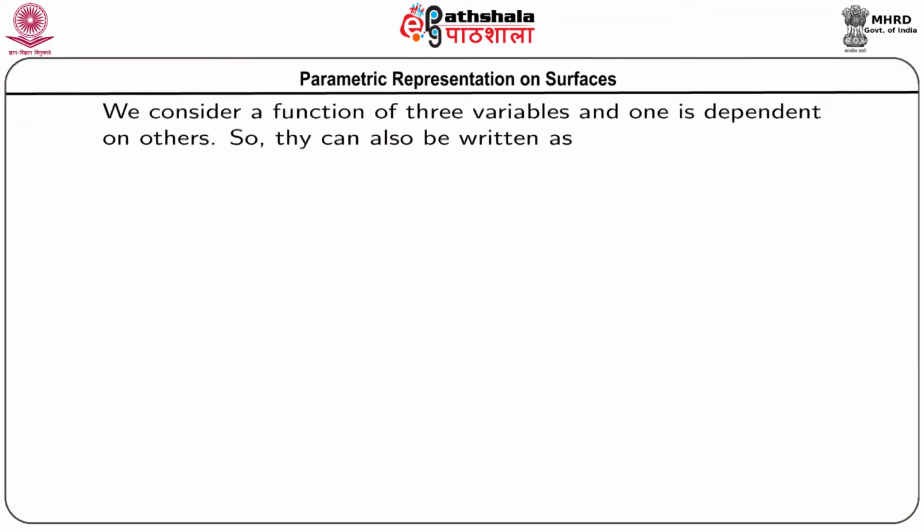Now, first we consider a function of 3 variables, and one variable is dependent on others. So, they can be written as f(x, y, z) equal to 0. That means, it is a function of 3 variables and it represents a surface, we know that one.